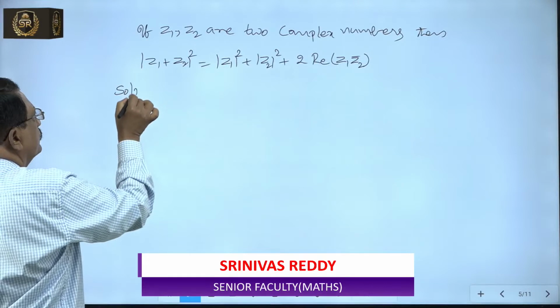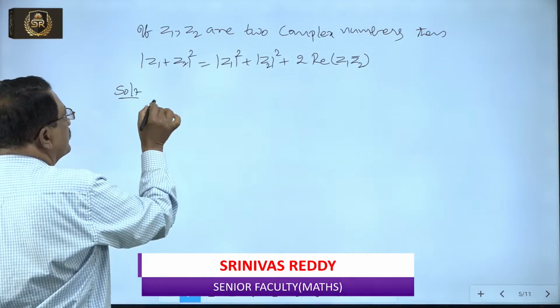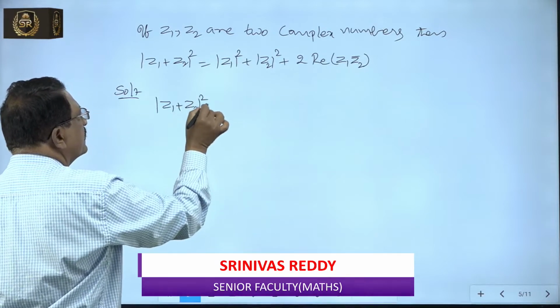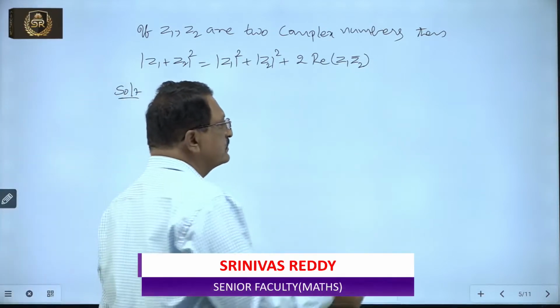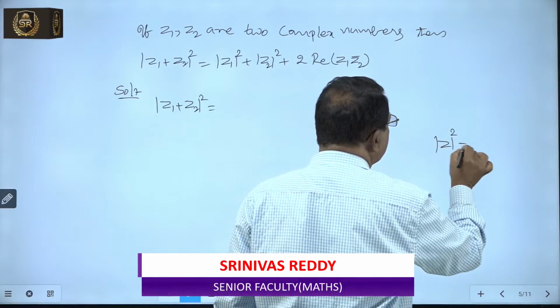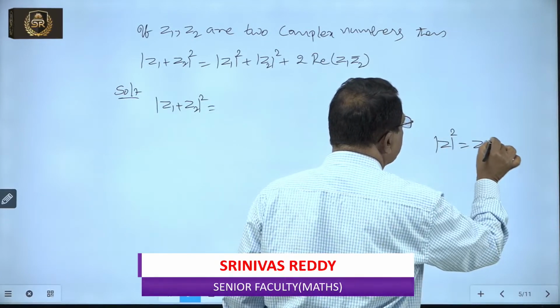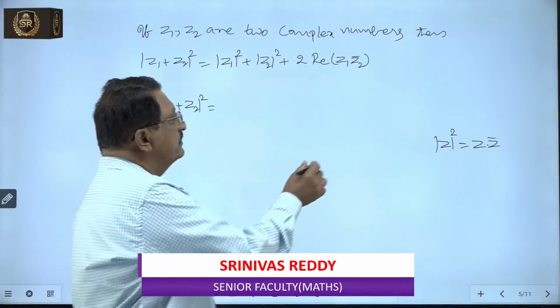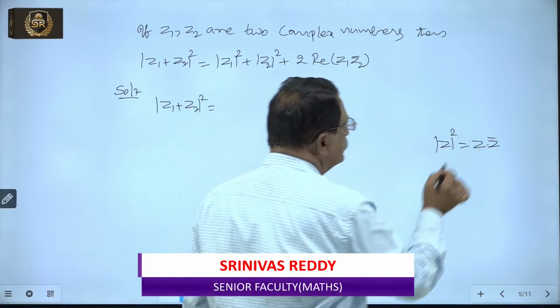Now, the solution or proof. Take the left hand side: mod of (Z1 plus Z2) whole square equals, first, mod Z whole square equals Z into Z bar. From previous conditions, mod Z square equals Z into Z bar.